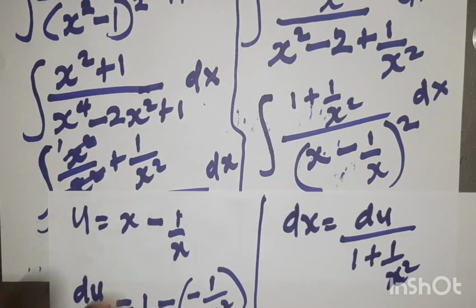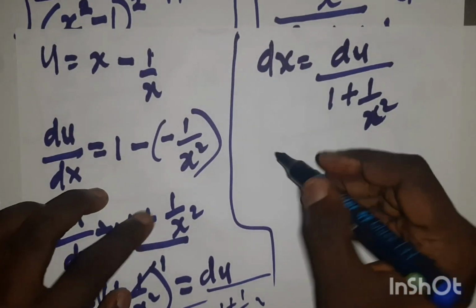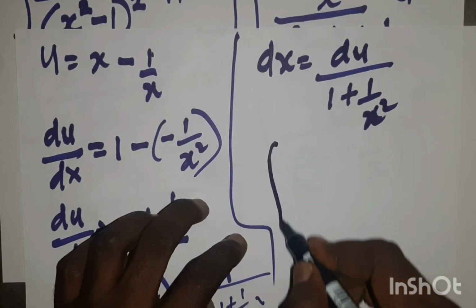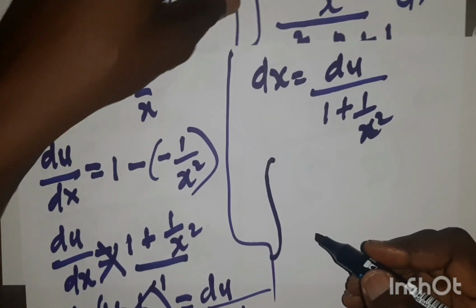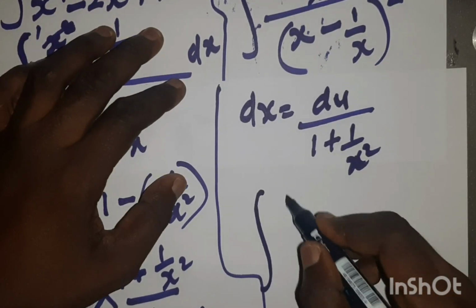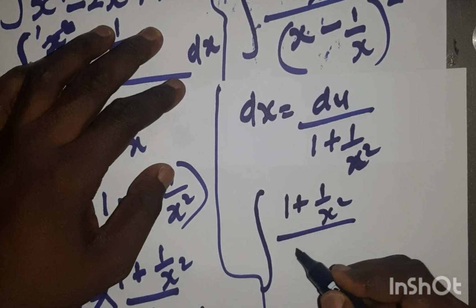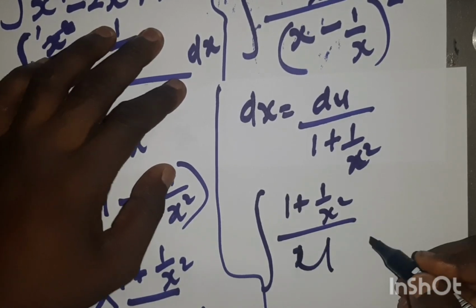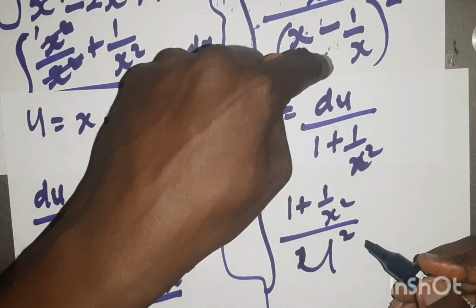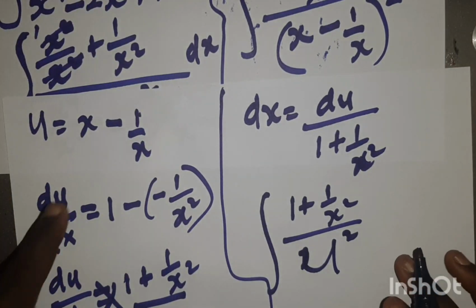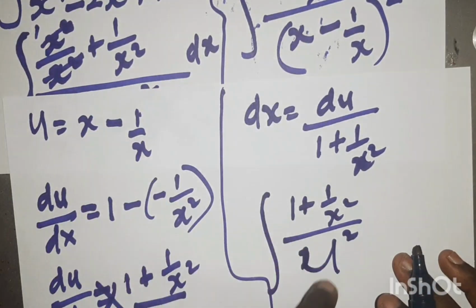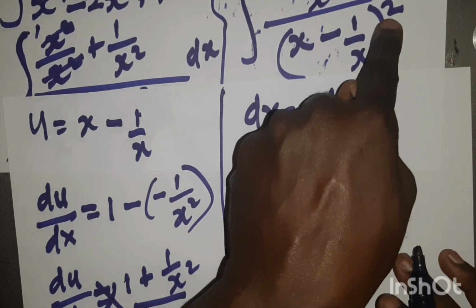So rewriting this, I have the integral of 1 plus 1 over x squared over u squared, because we've made this one our u already. Remember, it is already u, so I'm writing this one as u, and I put a square also.